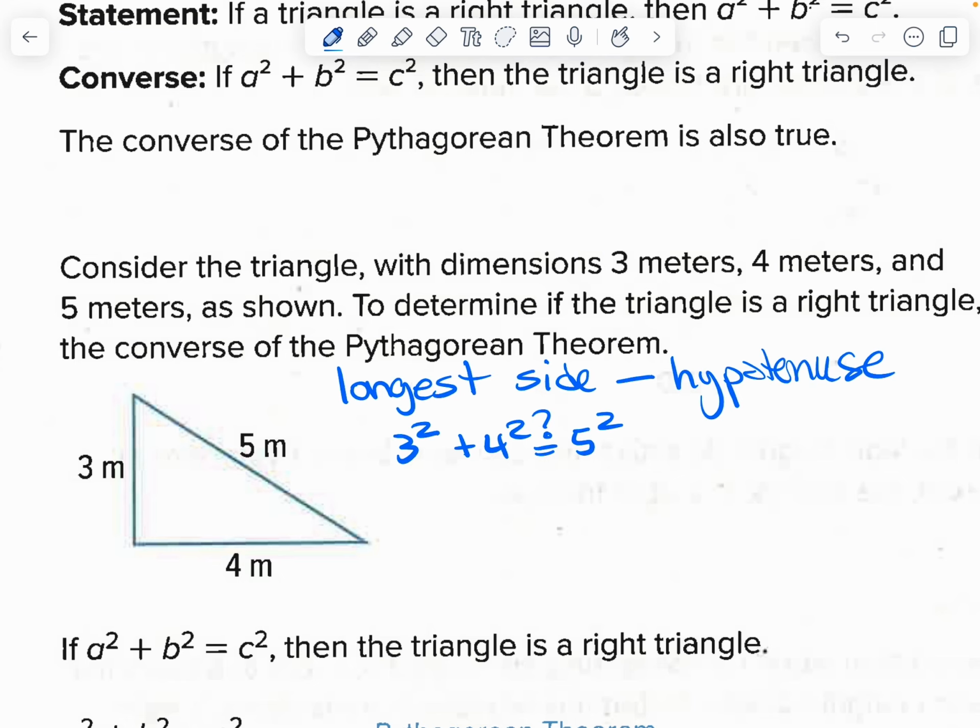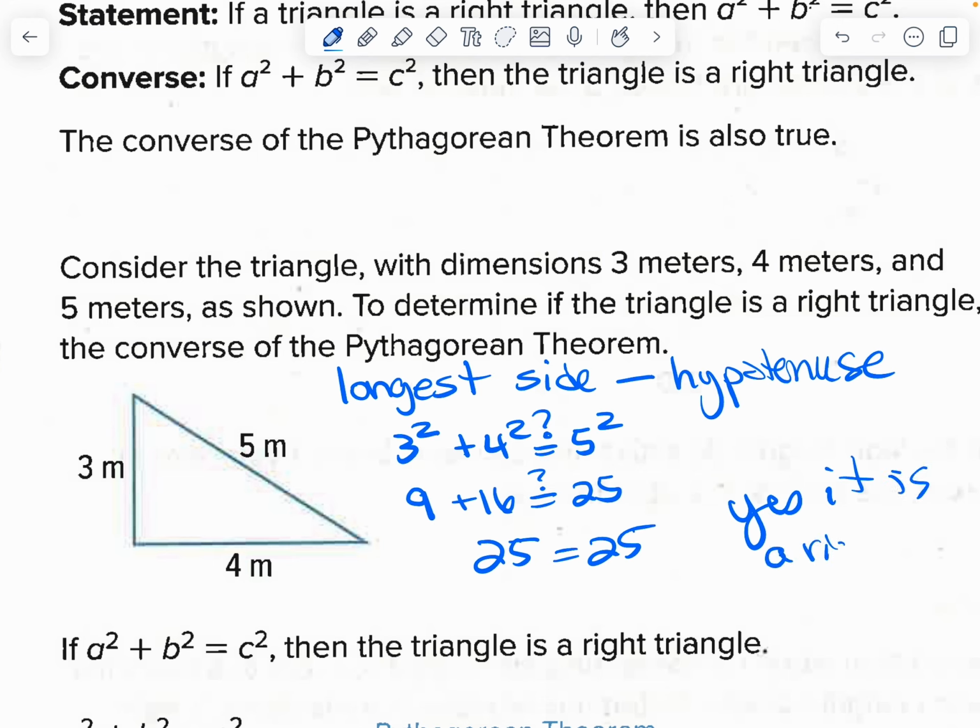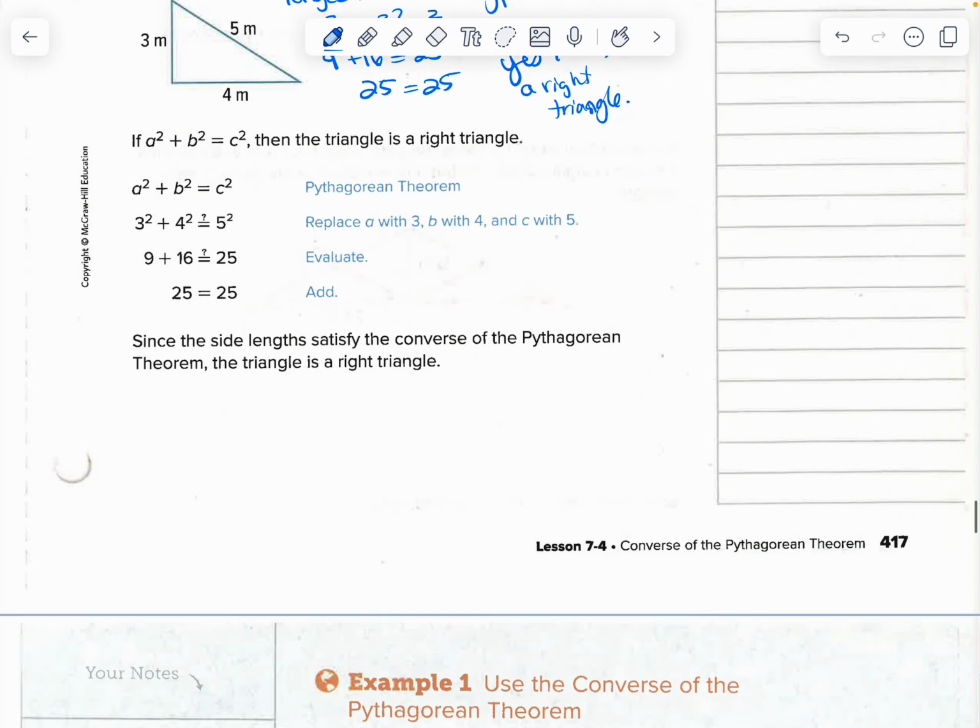And yes, you need that little question mark there because you don't know if they're equal to each other yet. So 9 plus 16, does that equal 25? Look at this, 25 equals 25. So yes, it is a right triangle. Okay? Oops, horrible spelling. So that's all you're doing.